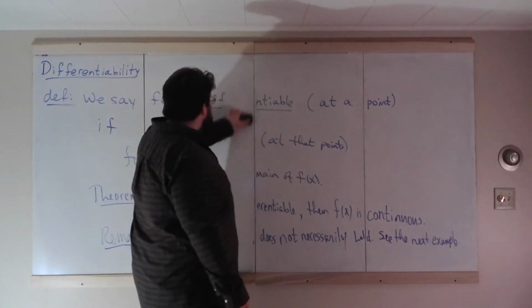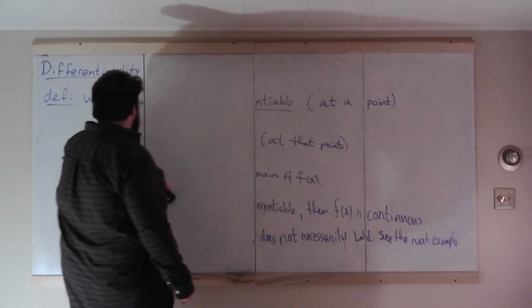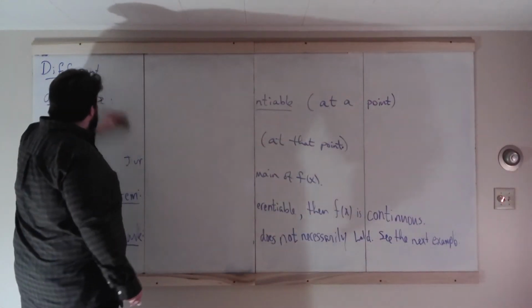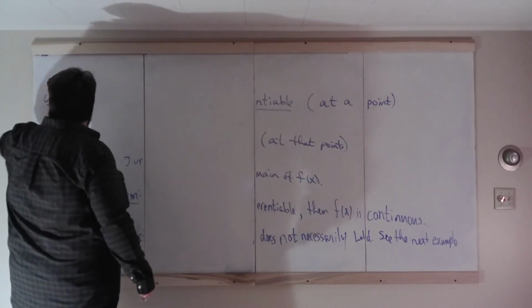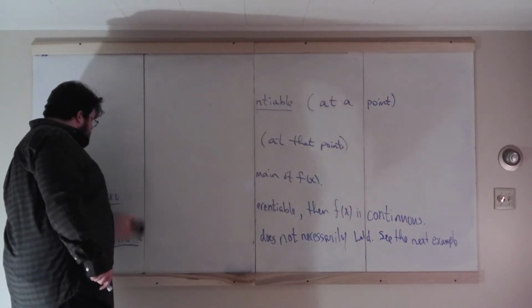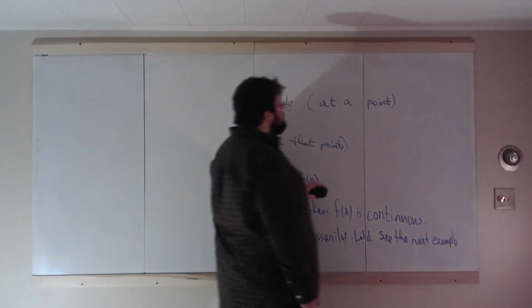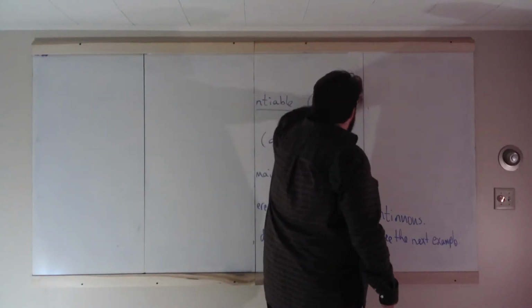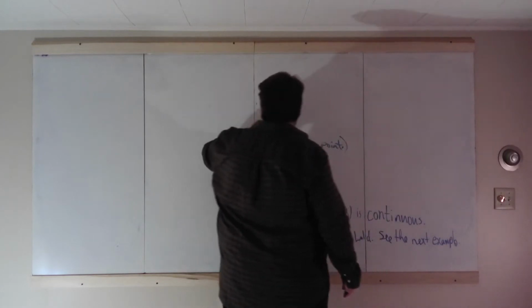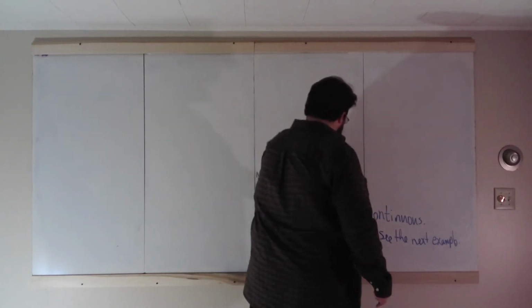If a function is continuous, it's not necessarily differentiable, meaning if a function is continuous, the derivative does not exist everywhere necessarily. It could, but it's not guaranteed that a continuous function will have the derivative existing everywhere.